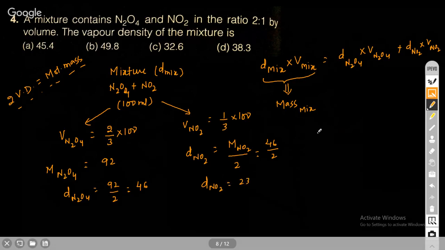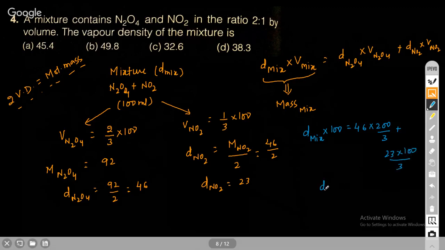All these values you have to substitute here. So you will get density of mixture into volume of mixture, 100, is equal to density of N2O4, 46, into volume of N2O4, 200 by 3, plus 23 into 100 by 3.